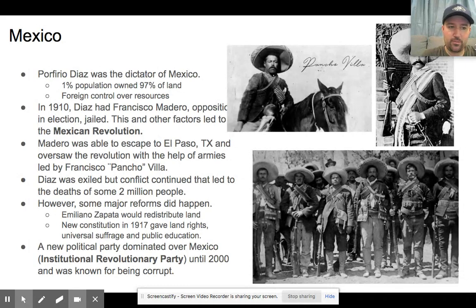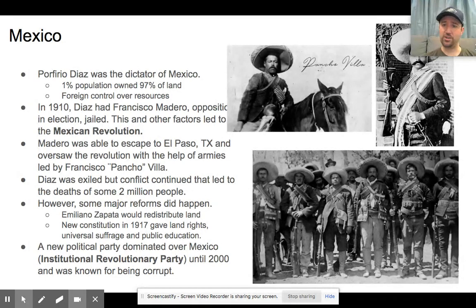The leader of his armies and his troops was a guy named Francisco Villa, more commonly referred to as Pancho Villa. But Diaz is going to eventually be exiled. Then a series of conflicts for control and leadership in Mexico will ensue from 1910 to about 1930 in entirety. So, lots of political, economic, and social instability occurring in Mexico during that period of time.